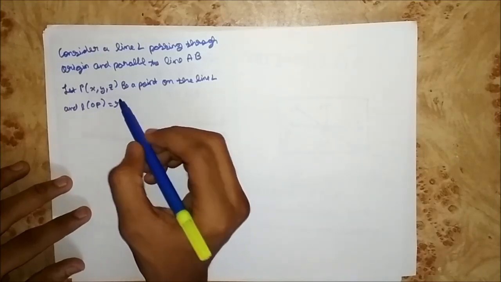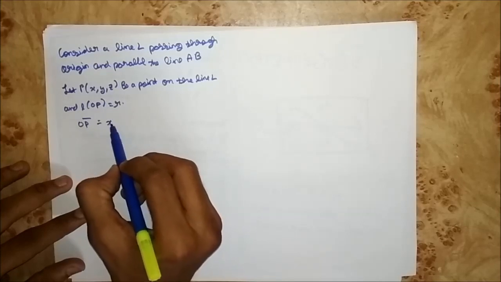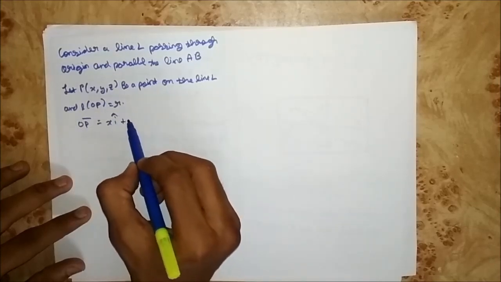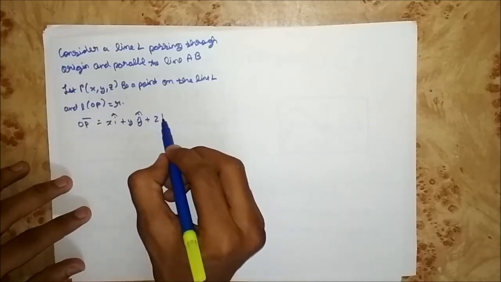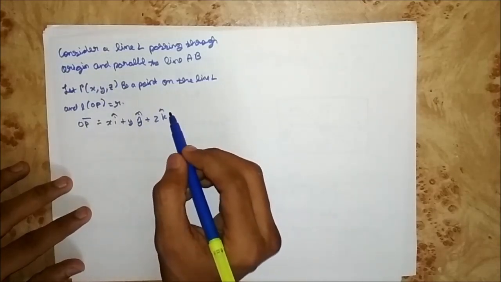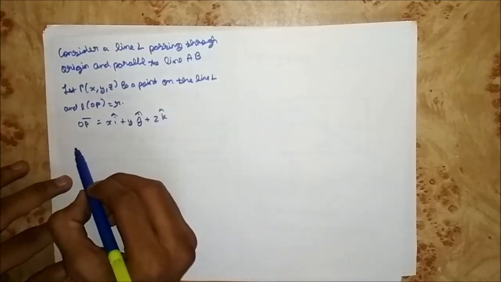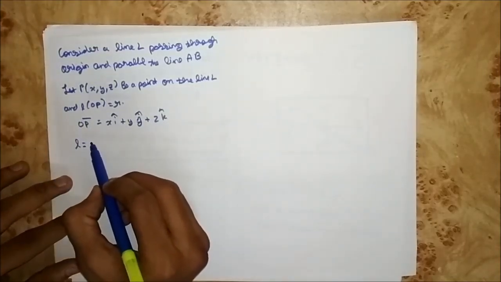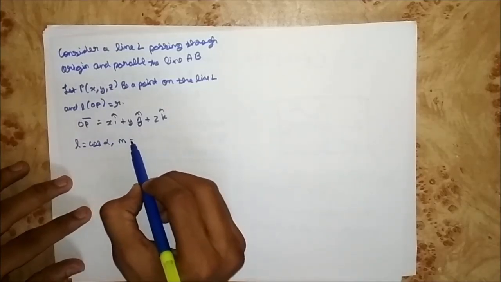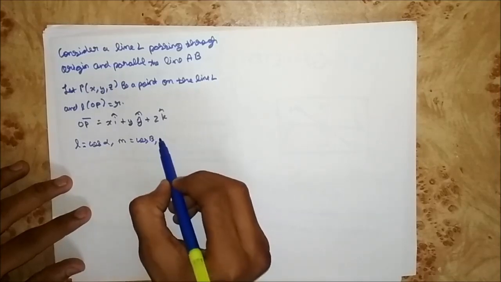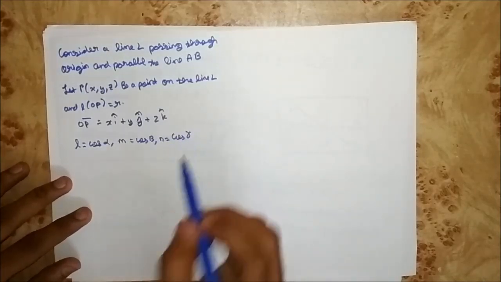The position vector of point P is xi plus yj plus zk vector. If alpha, beta and gamma are the direction angles of the line OP, then as we have said, l is equal to cos alpha, m is equal to cos beta, n is equal to cos gamma.